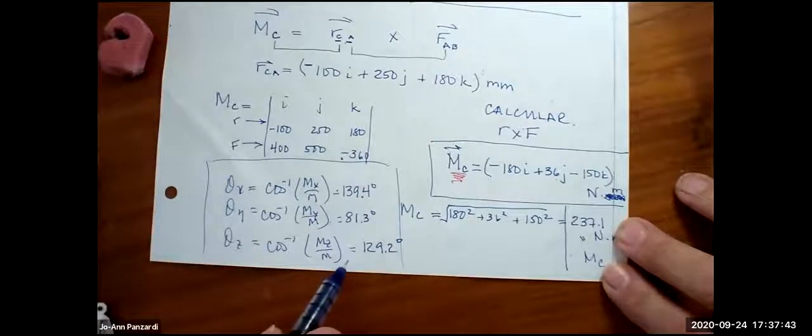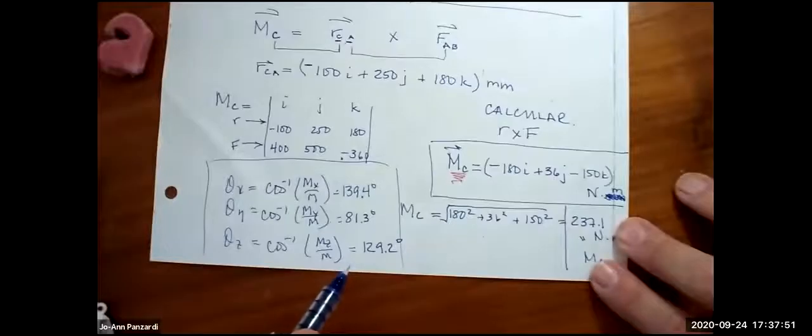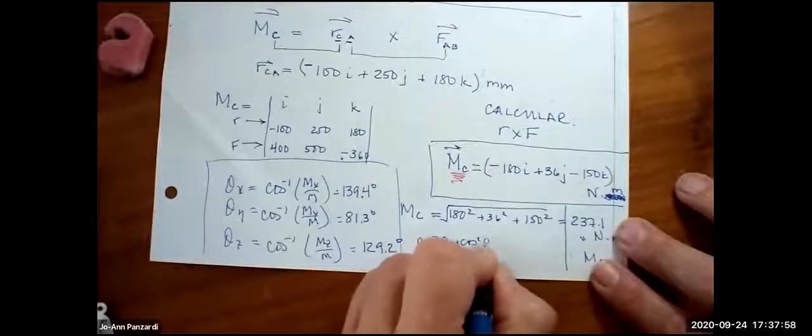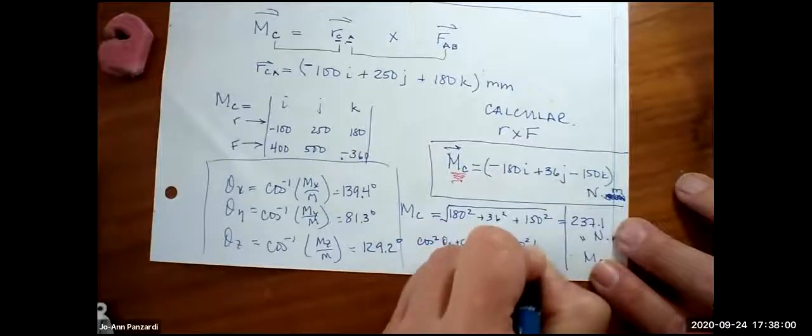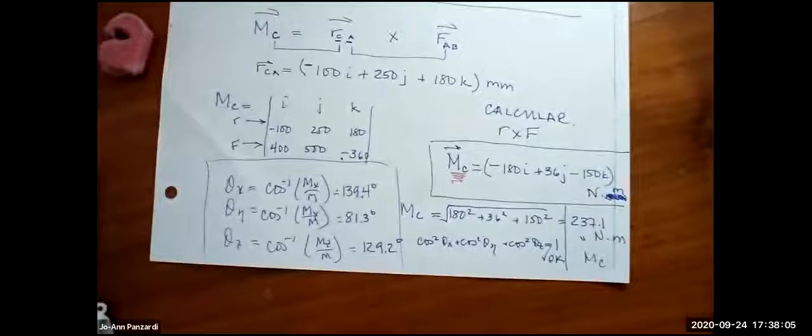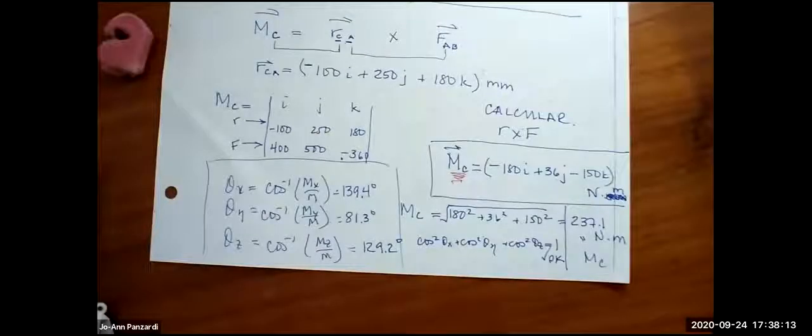We did it with components. Actually, I'll pass this time. Okay, yeah. Isaac? Cosine squared of each of them, add them all together. Cosine squared theta x plus cosine squared theta y plus cosine squared theta z is equal to 1, and it works out. Actually, somebody should check. What's the other check we could do? Oh no, you didn't do it. No, I didn't, but I'm gonna say it's okay.